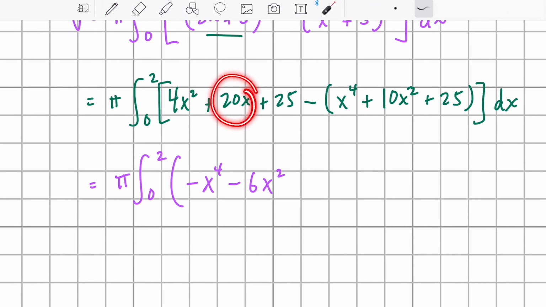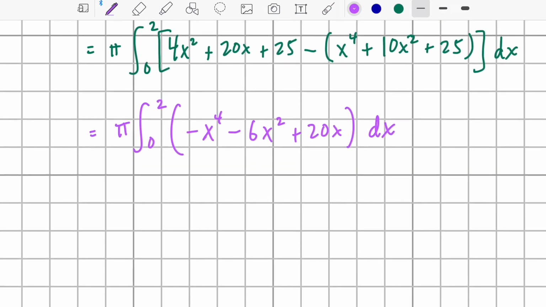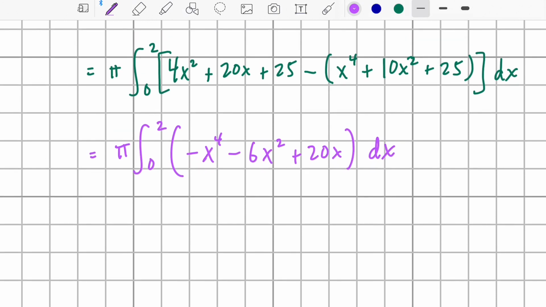Now my x's, there's only one term, so I'm just going to bring it along, plus 20x. And then I notice that this positive 25 and the negative distributed to this 25 cancel out. So that's it, dx. And for this one, I would like you to use a calculator, so let's plug it into the calculator.